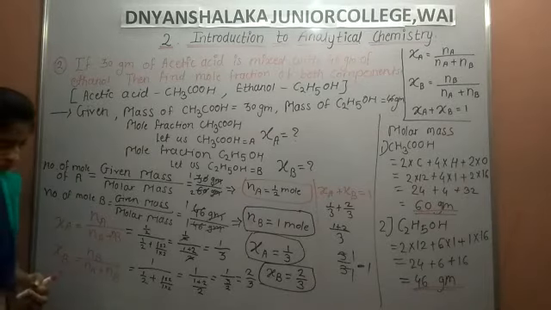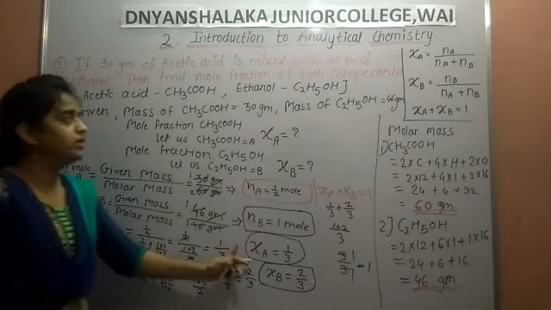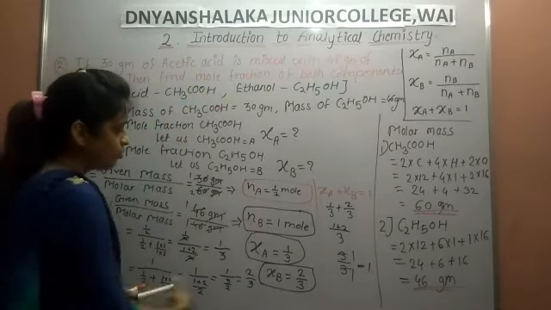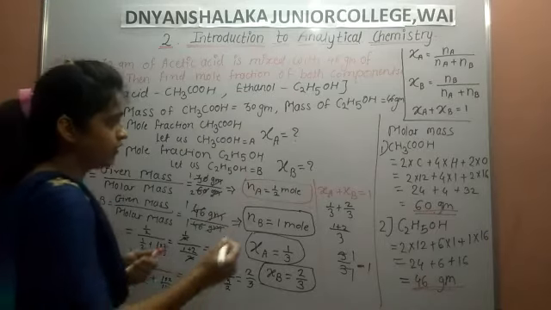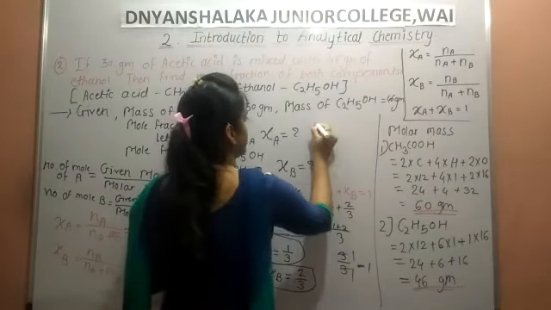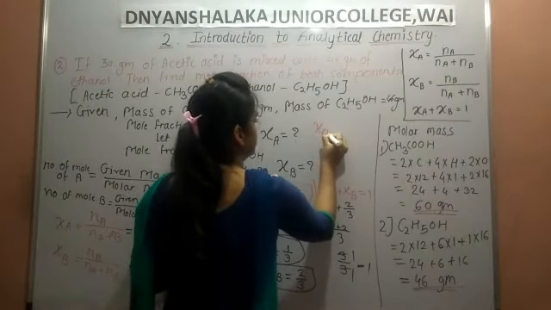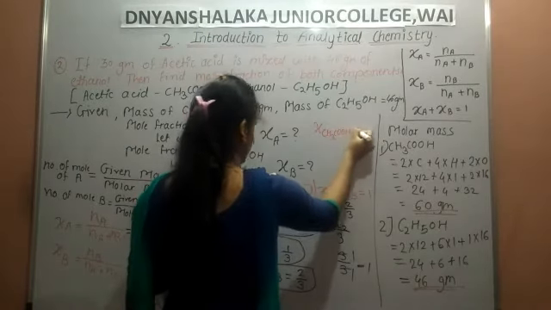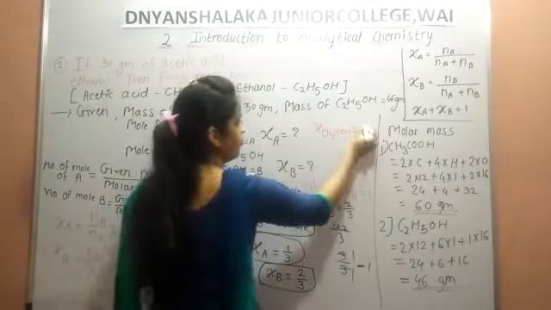So this is the mole fraction of ethanol. We have to find out the mole fraction of both components. So mole fraction of A means mole fraction of acetic acid, CH3COOH. We get a value 1/3.